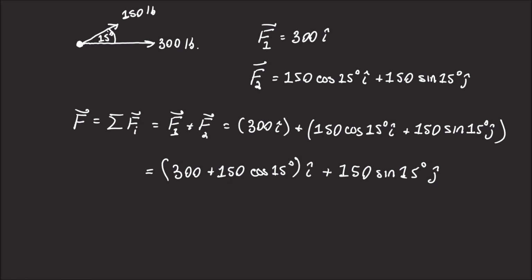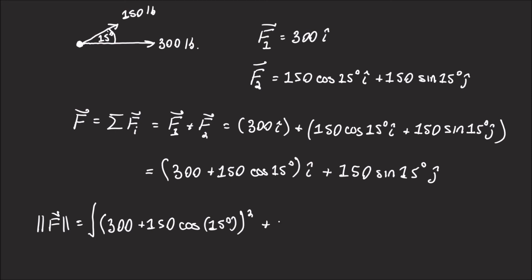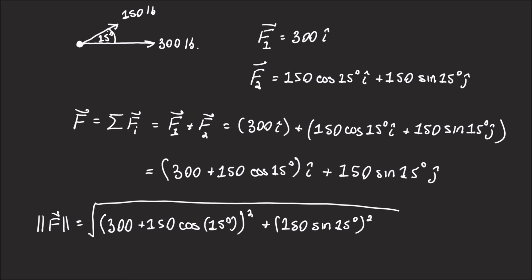We were asked to find the magnitude. So we want the norm of F. Well, this is the square root of 300 plus 150 cosine 15 degrees, all squared, plus 150 sine of 15 degrees squared. Plug this into a calculator to the nearest tenth, you should get 446.6 pounds.